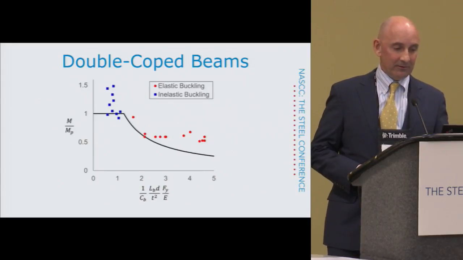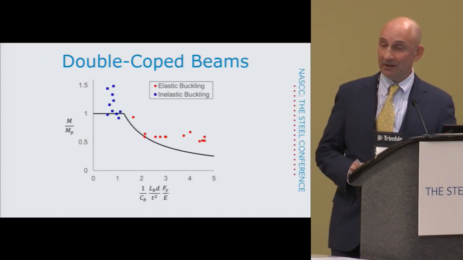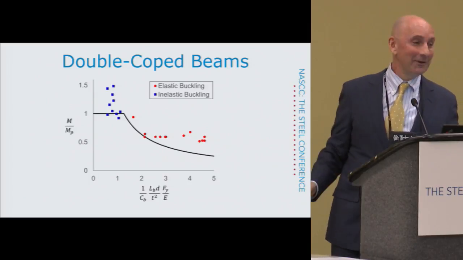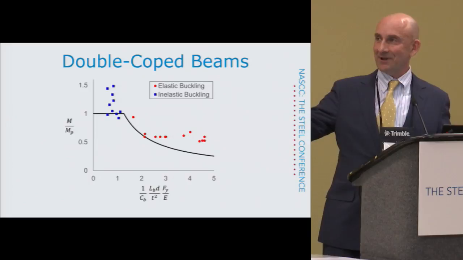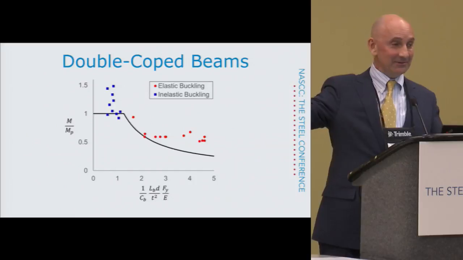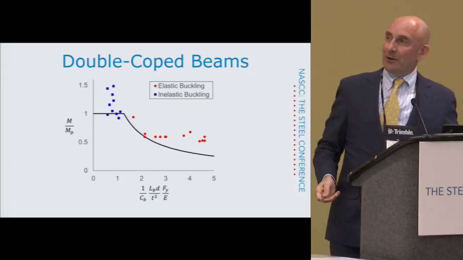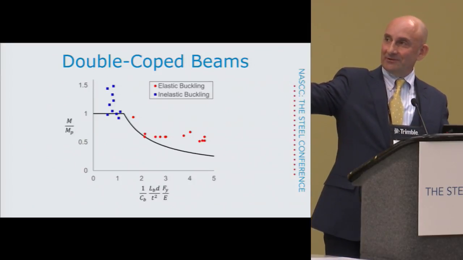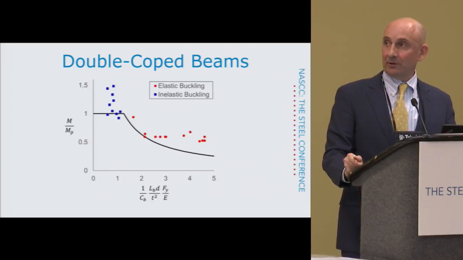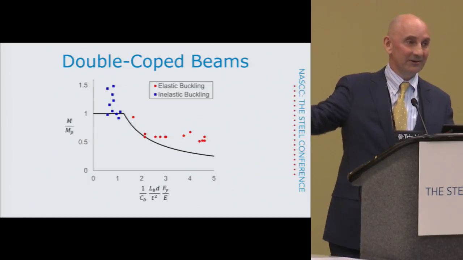And the picture doesn't really paint a good picture either, but the one thing it does do is that all the red dots are on the right part of the curve, and all of the blue squares are on the left side. They're on the plastic plateau, so it predicts the proper failure mode. And over here, there's nothing we can do about all these, at least to my knowledge, because it's probably based on M over Mp, which is on the vertical. That's our normalized slenderness on the horizontal.